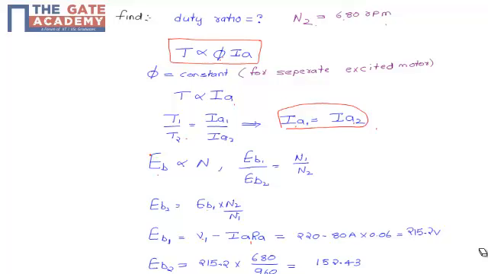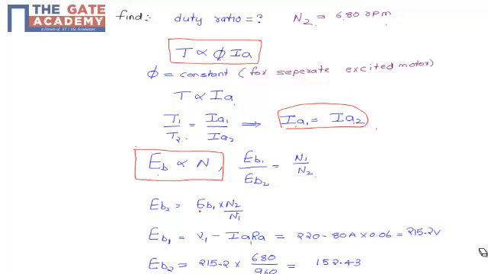The back EMF is directly proportional to the speed N. So EB1 by EB2 is equal to N1 by N2. From this we can find EB2, that is back EMF 2. EB2 is equal to EB1 into N2 by N1.